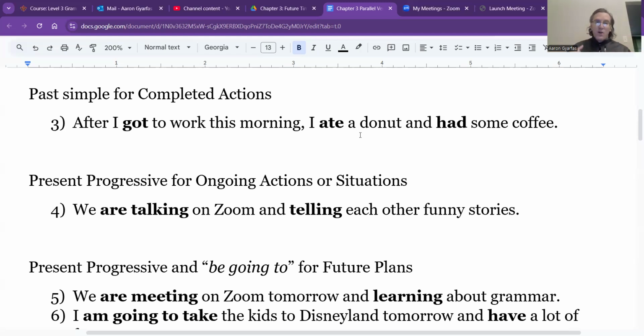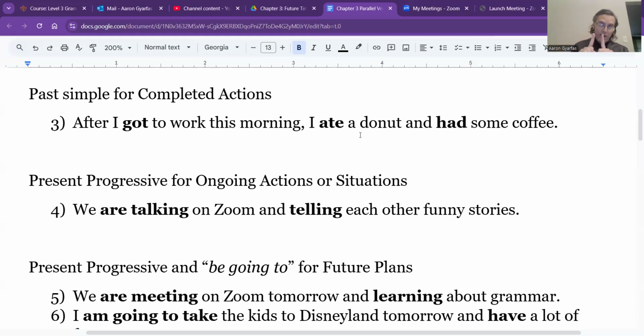Present progressive for ongoing actions or situations. In number four, we are talking on Zoom and telling each other funny stories. Present progressive uses a form of the be verb, am, is, are, and then an ing verb. When we are using two or more present progressive verbs, we do not need to repeat the be verb.